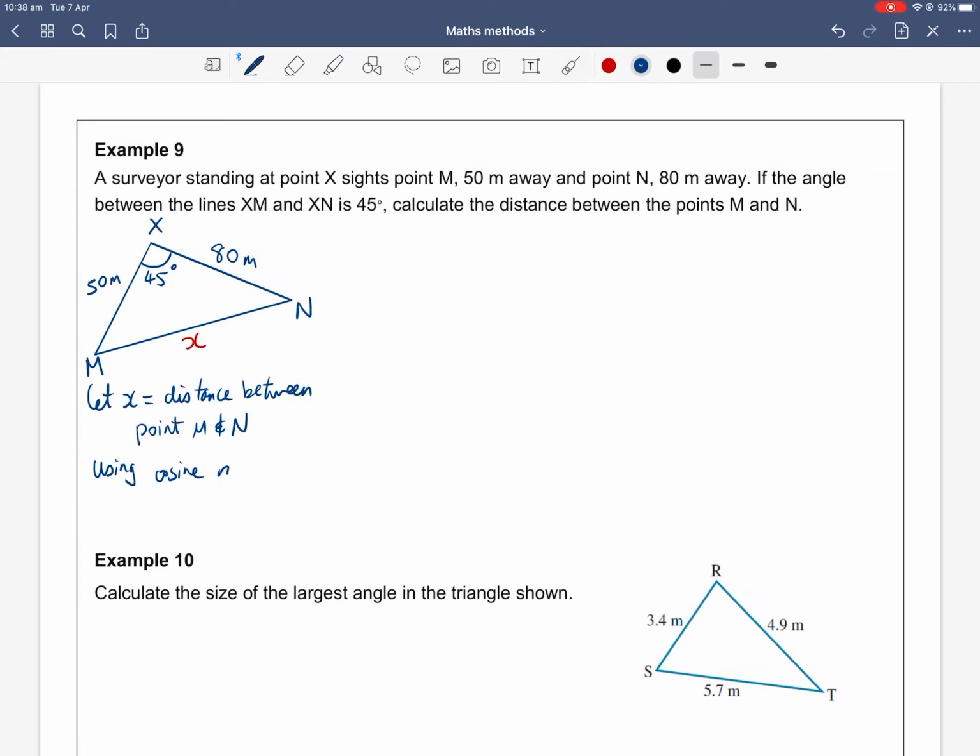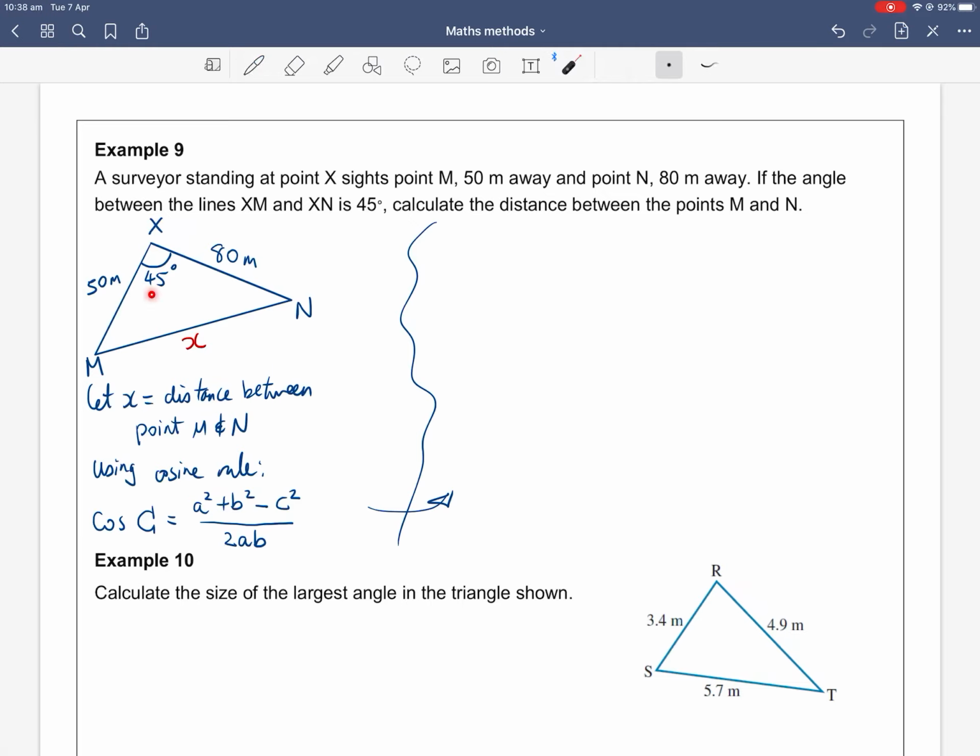So let's write it down. So using the cosine rule, the default formula: cos of the angle I want, C, is the sum of the squares of the other 2 sides, A and B, but I'm taking away my side, which is C squared, and I'm dividing by twice the product of the other 2 sides. So let's substitute some values in. In this case, angle C is 45 degrees because that's the angle that we know.